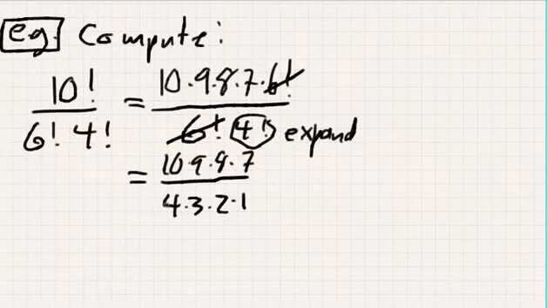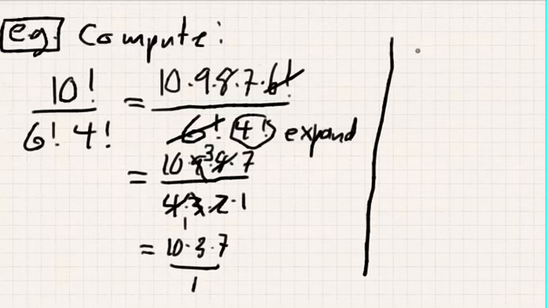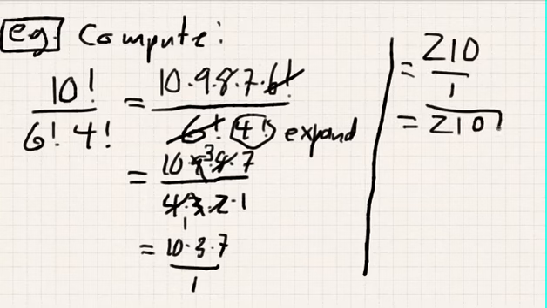You kind of have to just do it depending on the situation. 4 times 2 gives me 8, so I can cancel 8 out with 4 and 2. 9 and 3, well, I can cancel a 3 out and get a 1, and a 3 out upstairs and I get a 3. So I'm left with 10 times 3 times 7 on top. On the bottom I have 1, which leaves me with 10 times 3 is 30, times 7 is 210, over 1, which is just 210. Okay, so that would be my final answer here.